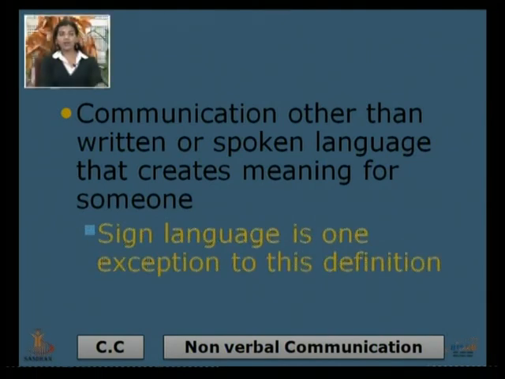Communication other than written or spoken language can create meanings for someone. Sign language is one exception to this definition. Whichever language you speak can be taken as a double meaning by the interpreter. They can take into consideration what they feel as you were saying.